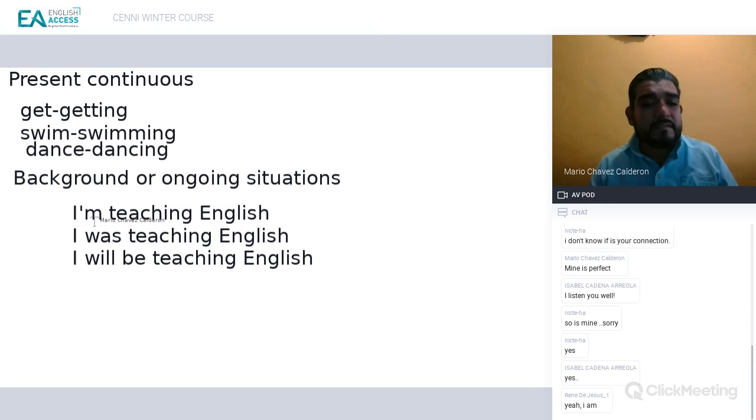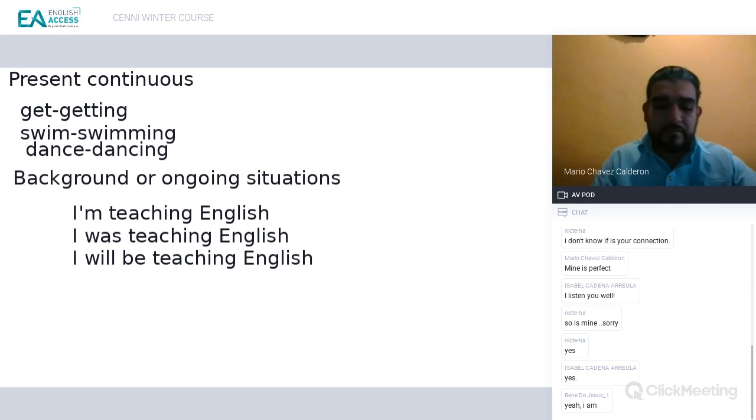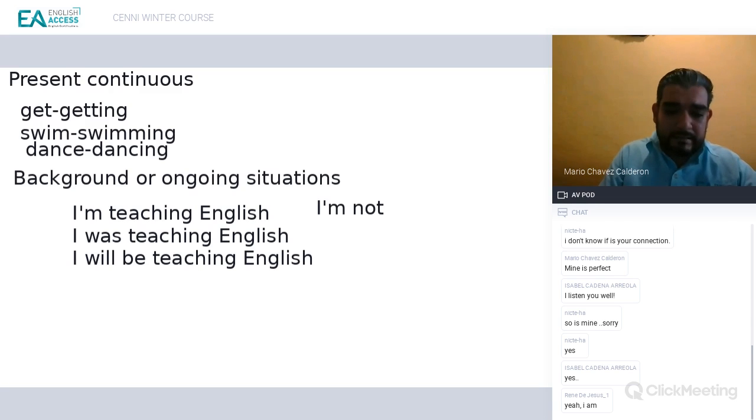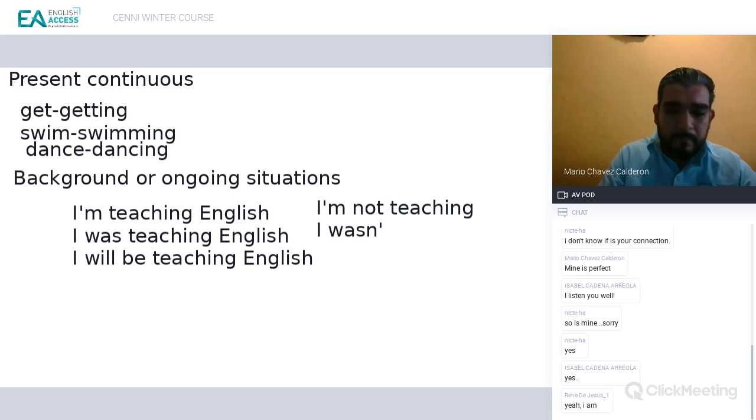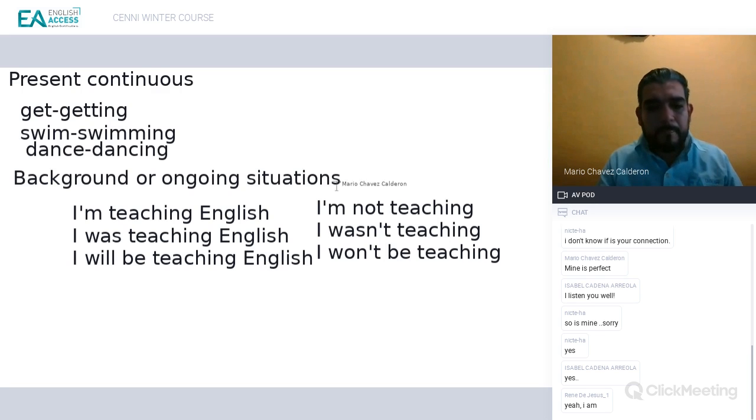We have the present continuous, past continuous, and future continuous. If we say it in negative, then we change the verb be to negative. So I say, I'm not teaching. You say, I wasn't teaching. And you say, I won't be teaching. And that's the way.